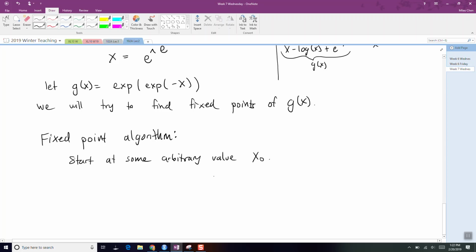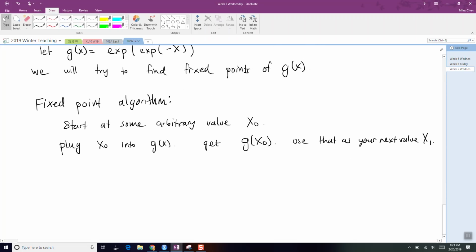Start at some arbitrary value, X0, and then plug X0 into g of x, okay? You get g of x0, and use that as your next value, x1, okay?